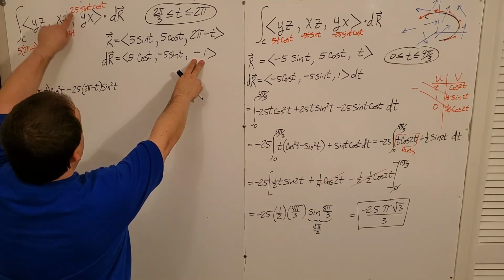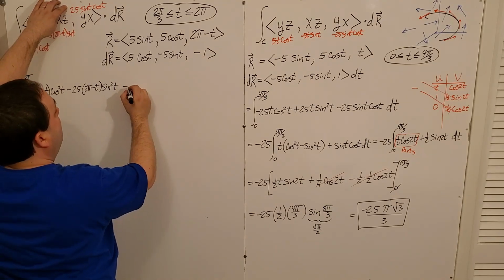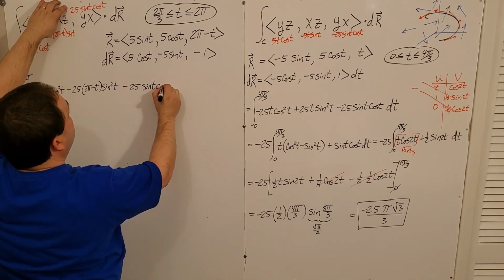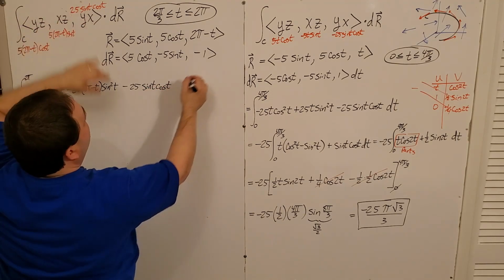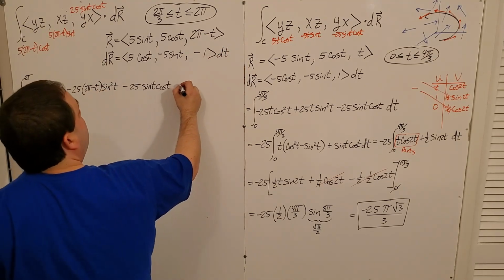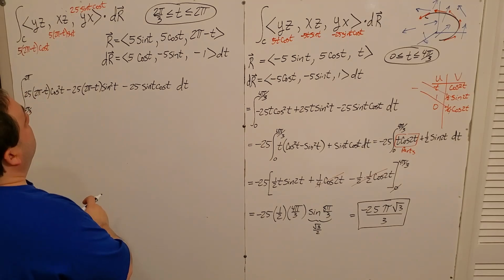And then negative 1 times this one, I've got a minus 25 sine t cosine t. And then, of course, the dr technically should have a dt here, right? dt. Okay.